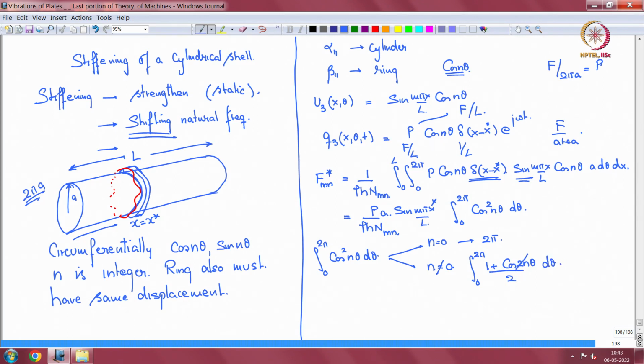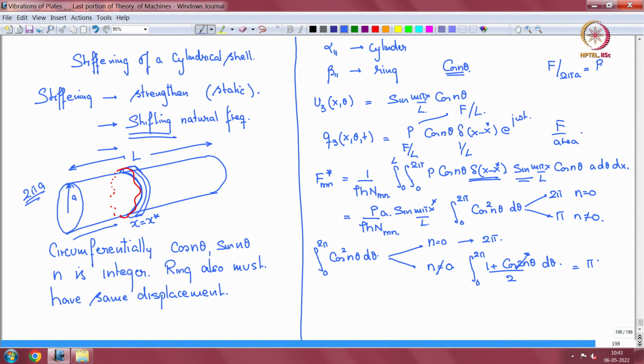Now, this will integrate to 0 over twice pi, and so I get half d theta integrated, which gives me pi. So this is 2 pi when n equal to 0, and pi when n not equal to 0.